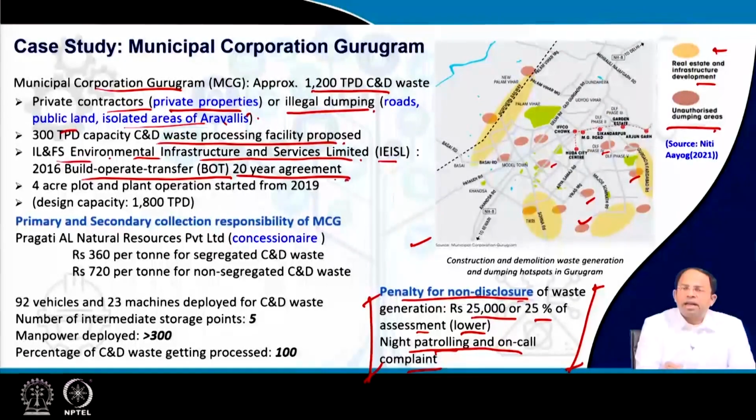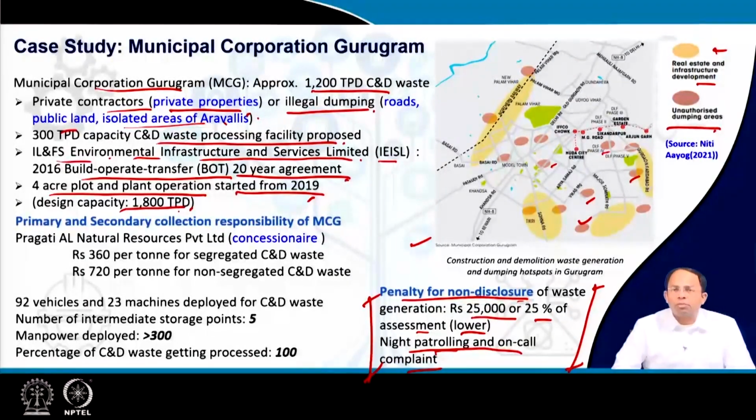They made a 20-year agreement for this C&D waste processing, and initially they started with a 4-acre plot. The plant was constructed and started operating from 2019, and the design capacity of the plant was around 1800 tons per day. They started with 300 tons per day capacity initially, and then eventually they were able to increase that to the full amount of waste being generated in the municipal area.